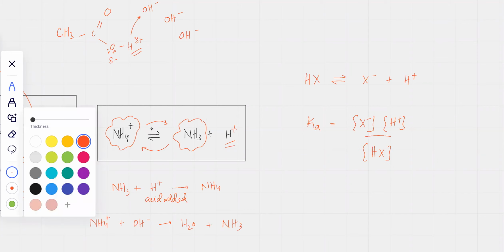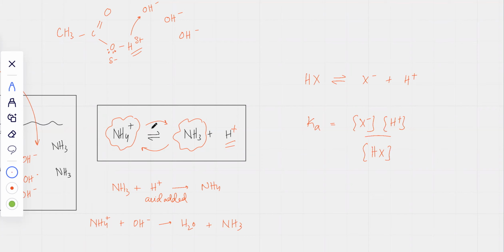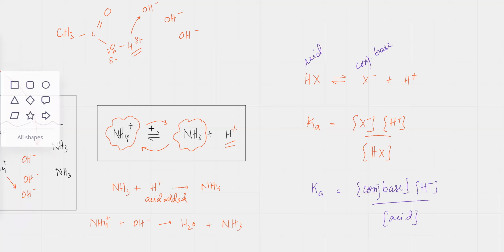The other way to write this equation is: this is your conjugate base and that's your acid, weak acid. So the other way to write this is conjugate base concentration into H+ concentration divided by the acid concentration.